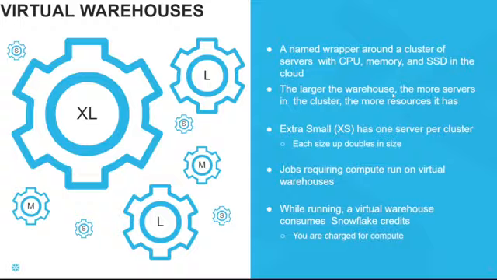The larger the warehouse, the more servers in the cluster and the more resources you have. So if you want to run a complex query that is not able to run in a small warehouse, you can always increase the size of the warehouse, where you'll have more resources, more memory and more CPU, so that your queries run faster.